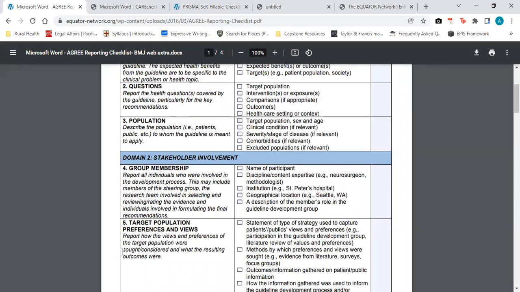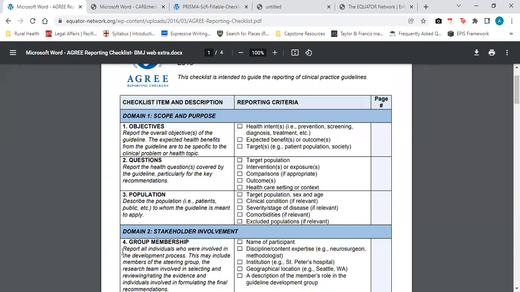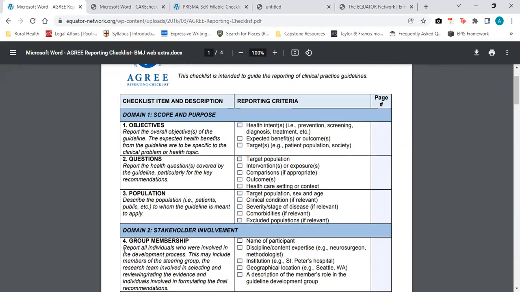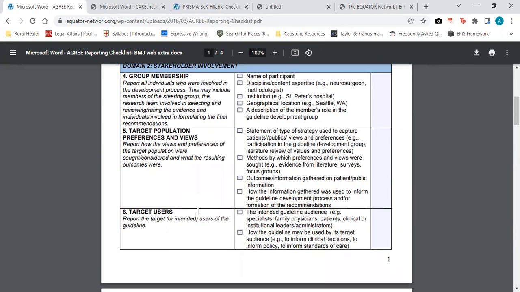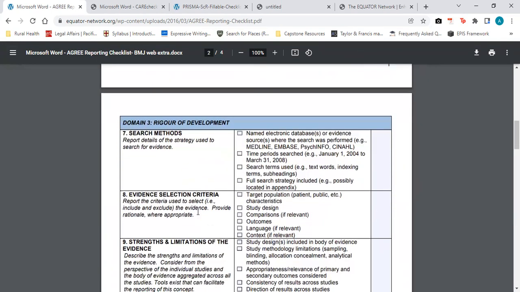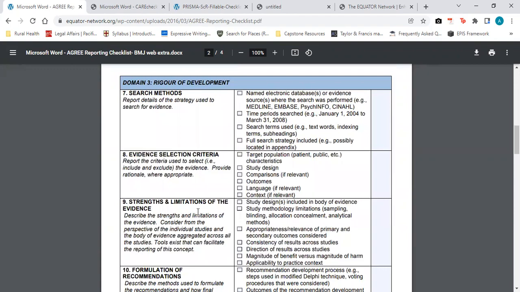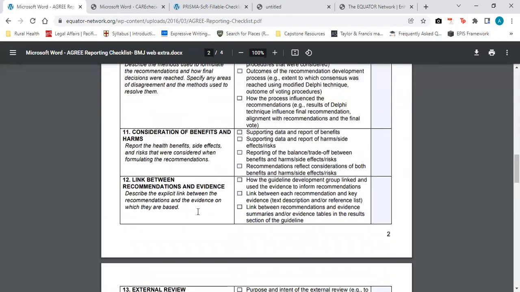So this is for clinical practice guidelines, if that's what you're working on developing. It covers the scope and purpose of your guidelines, and if you had any stakeholder involvement, which may not have been feasible in your capstone, but is certainly something good to think about. And how did you develop your practice guidelines?